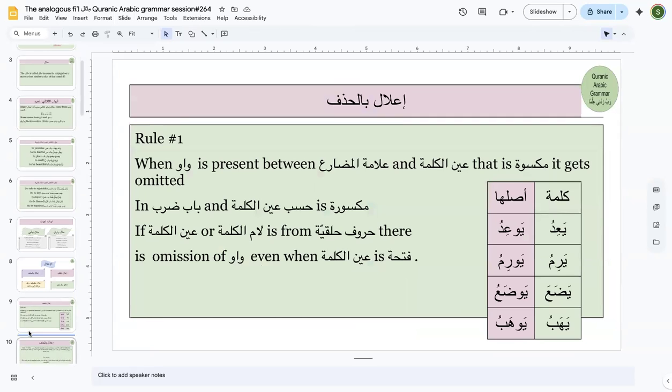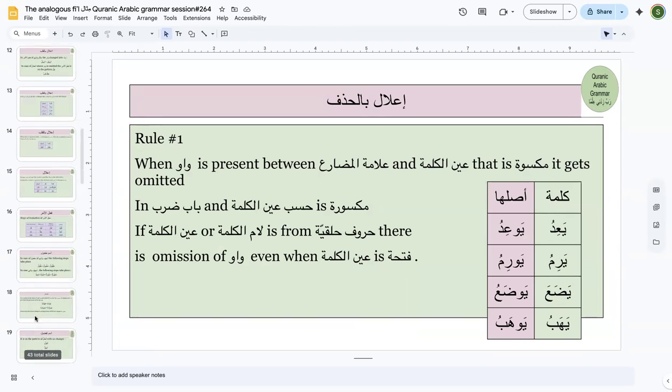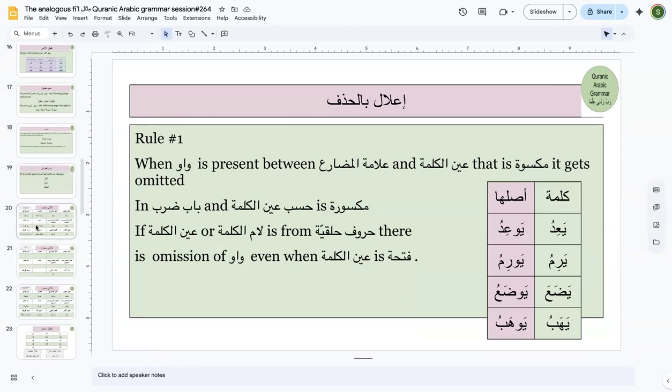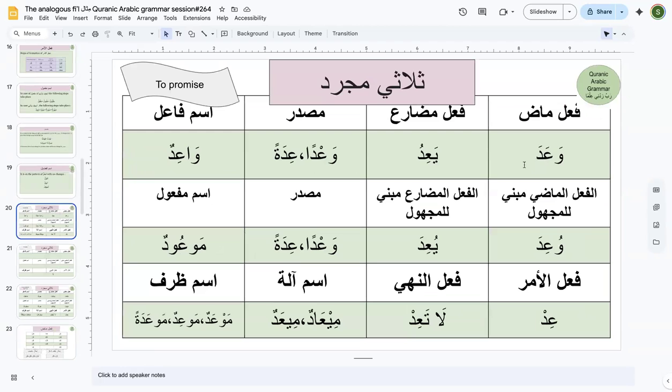Okay, now what is most important when it comes to misal? In misal, let me show you a table, and then we can apply different rules on the misal. Look at this table from Asulasi al Mujarrad, Bab Daraba, wa'ada. Wa'ada has the root letters Waw, Ain, Dal. Are you seeing any change in the word wa'ada?